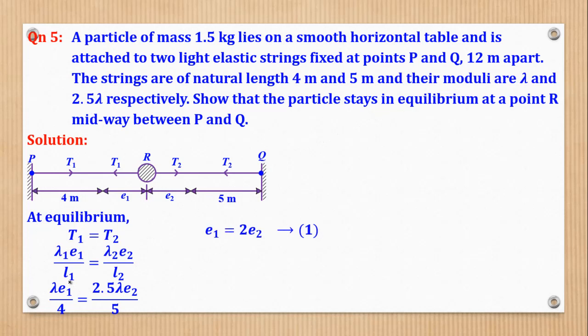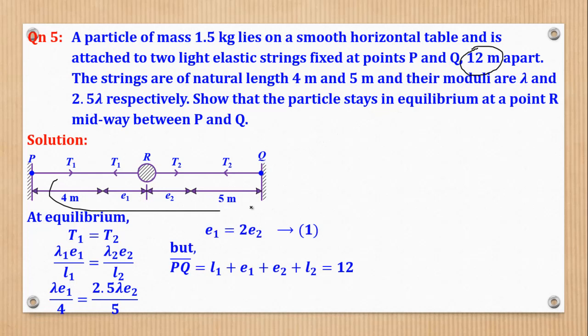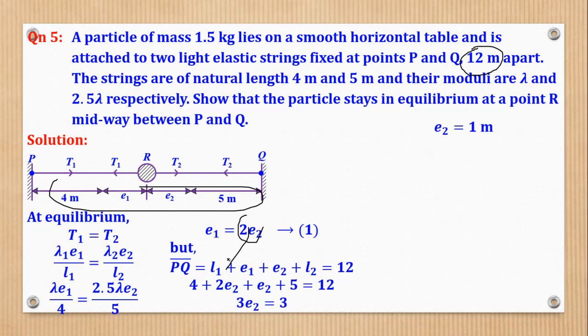So simplify, you come up with equation 1. But they said distance apart is 12, so when I add all these I'll come up with 12. Simplify and substitute. Here we substituted for E1. So that means I can get E2, and because I have E2, I can get E1.